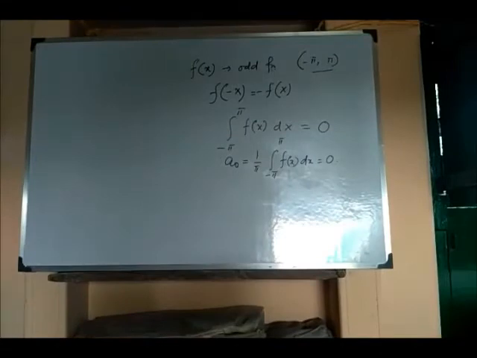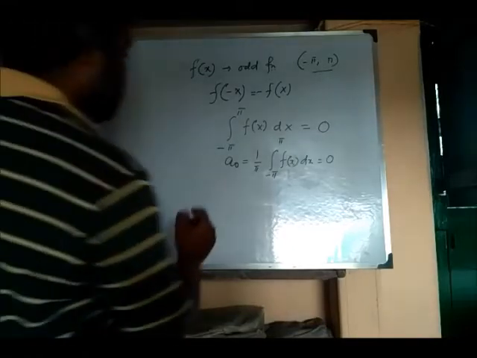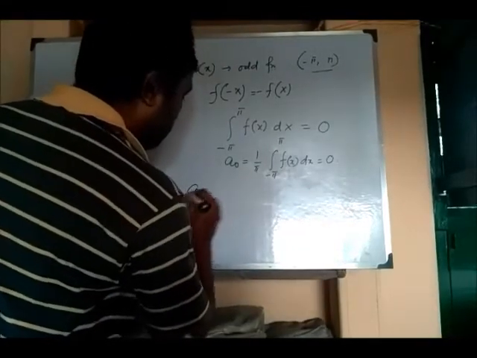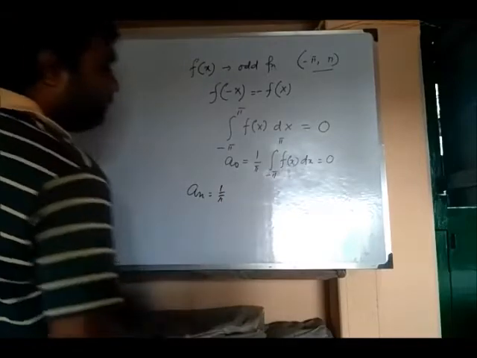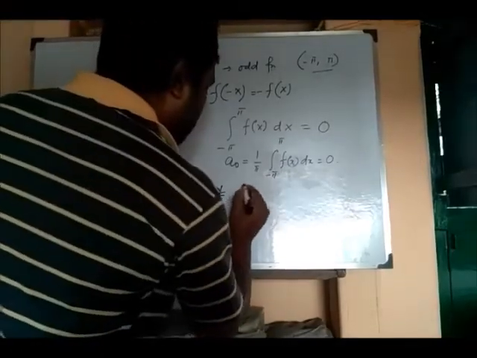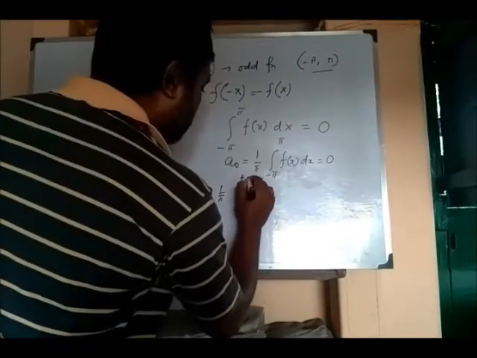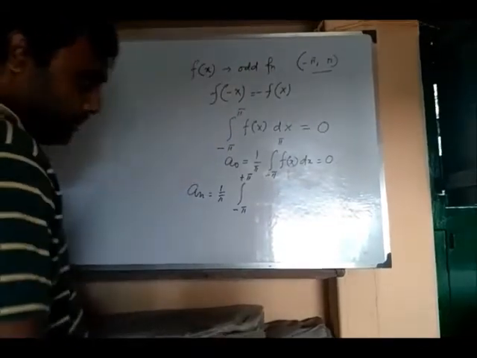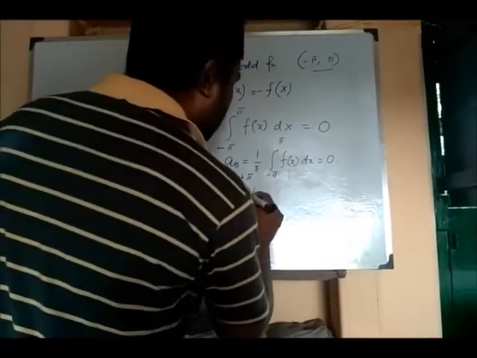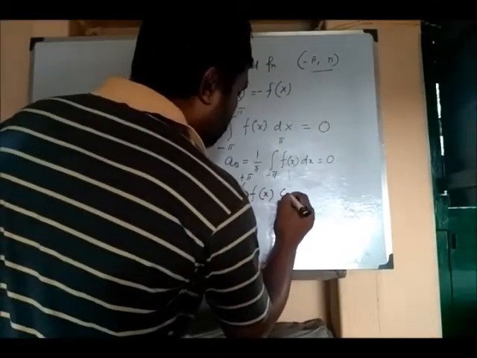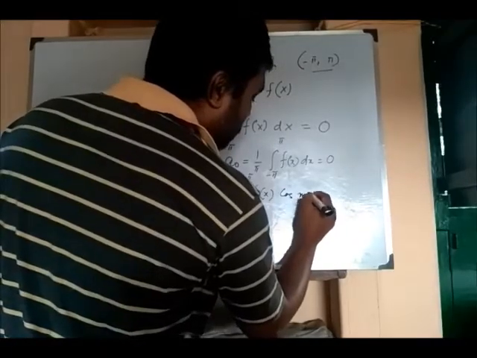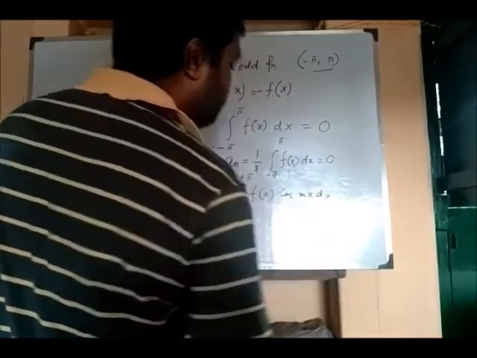Definitely. And in a similar way, I can write that an equals 1 upon pi, integration from minus pi to plus pi of f(x) cosine(mx) dx.